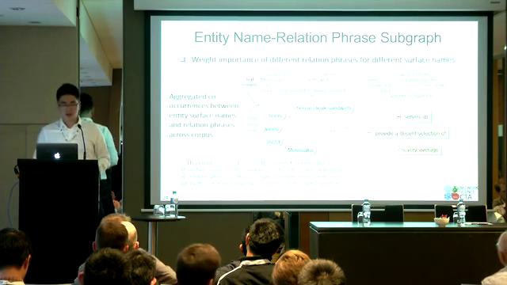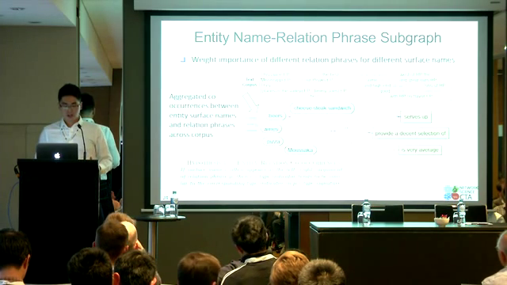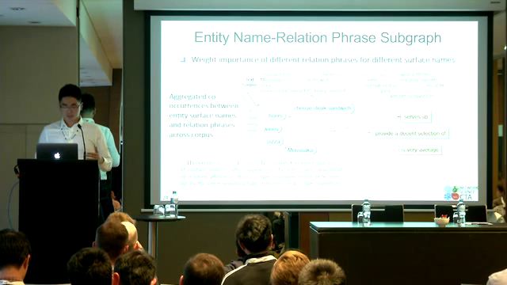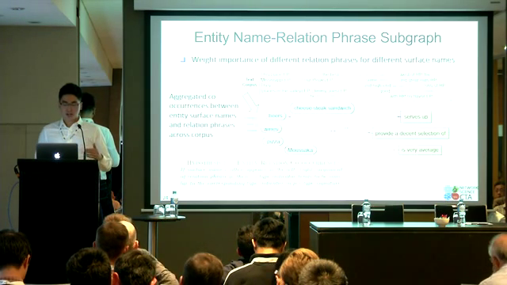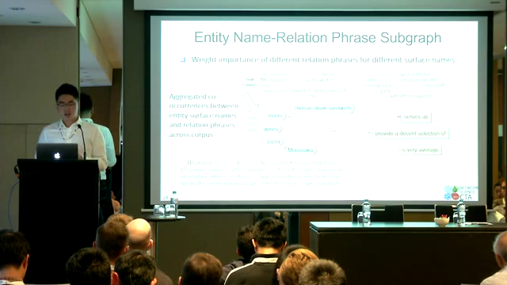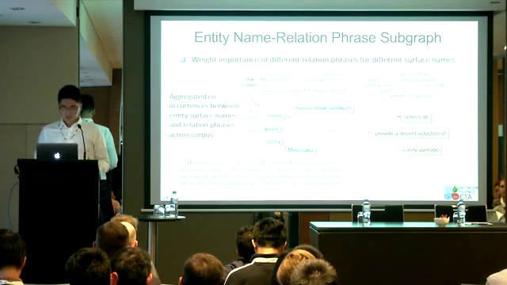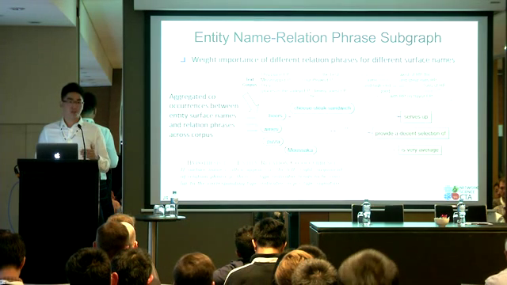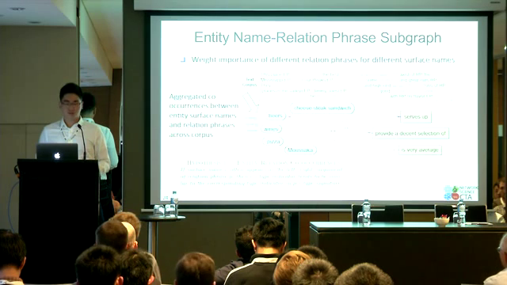The second one is about the relations between entity names and relation phrases. The general idea is that, as you can see in this example, the entity names on the right side or the left side of a relation phrase, let's say "serves up". Actually, the relation phrase provides a very strong type cue for deciding the types of the entity names.